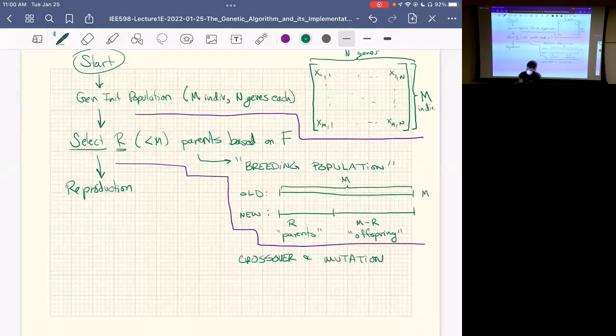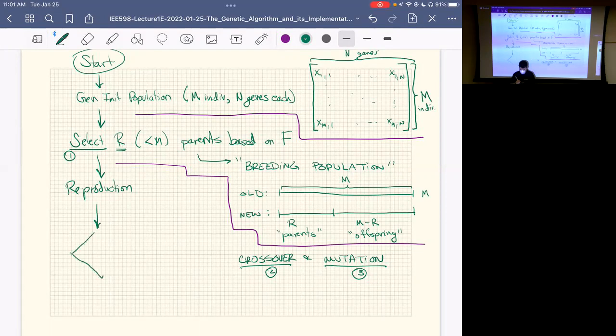So the selection, crossover, and mutation, I'll just make it 1, 2, and 3. These are all different operators that are degrees of freedom we have control over when we run a genetic algorithm. We can choose different selection operators, whichever, and use the same selection operator through the whole algorithm, different mutation operators, and different crossover operators. We're going to talk about the most conventional ones of these today to plug in here. So the selection operators get you the R, and the crossover and mutation get you the M minus R, right?